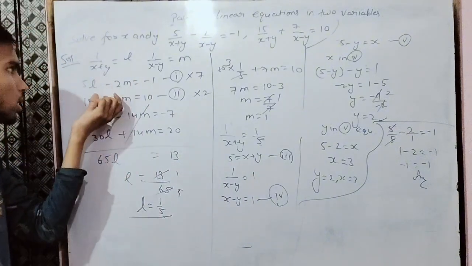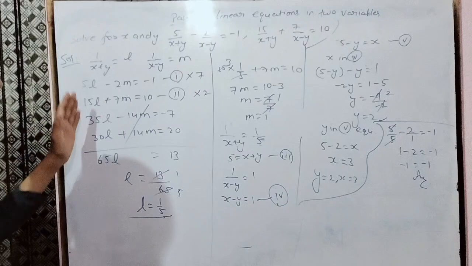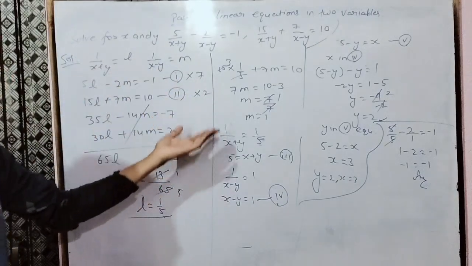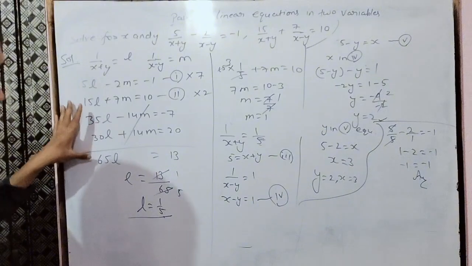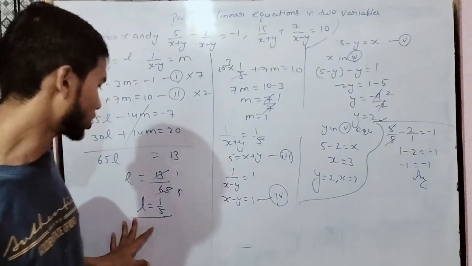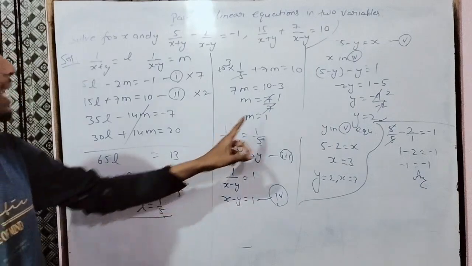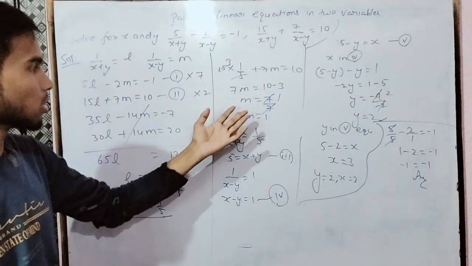Then we wrote 5L like that, as you can see. Then we applied the elimination method, and from it we got the value of L. Then we substituted the value of L in one equation, I think the second equation.